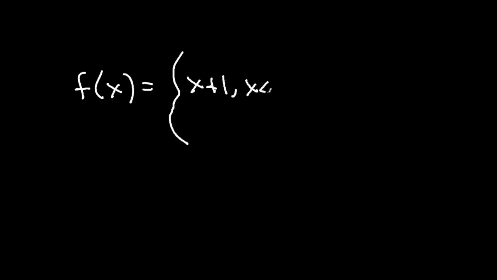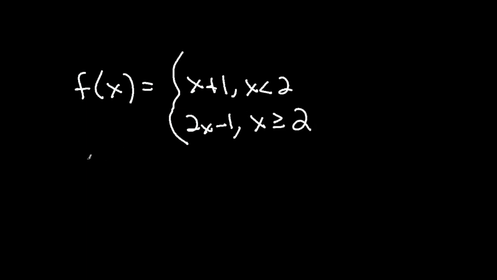So let's say we have a piecewise function f of x equals x plus 1 if x is less than 2, and 2x minus 1 if x is greater than or equal to 2.